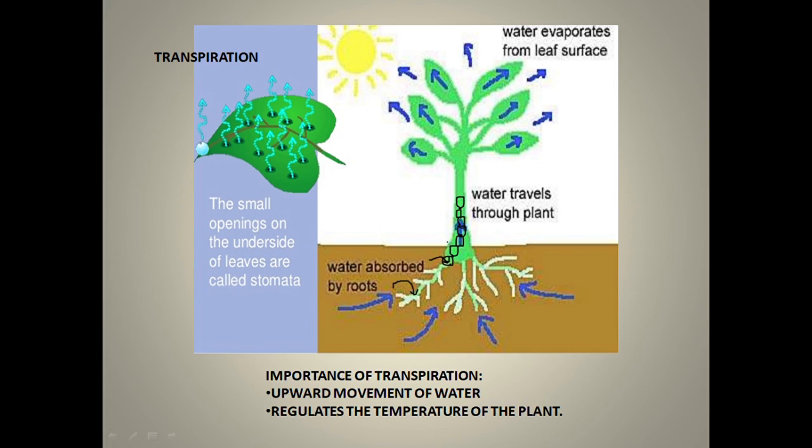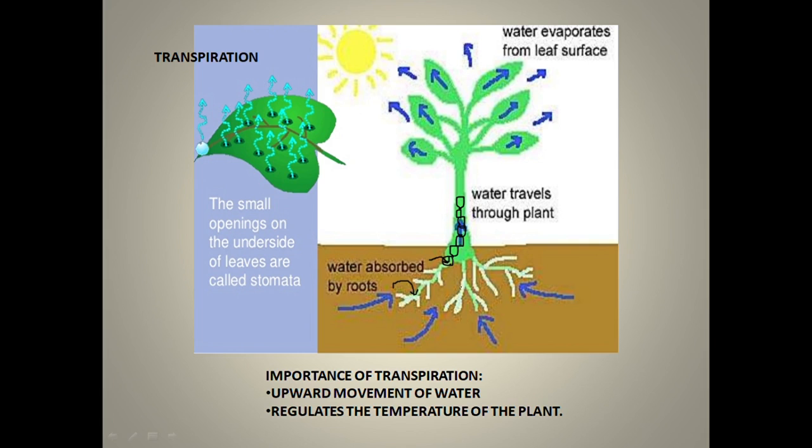When I talk about transportation, you have to always keep in mind that xylem tissues are helping in this transportation. The xylem tissue present here takes up the water from the soil. The xylem present in the stem of the plant and in the leaf of the plant are all helping in water transportation.